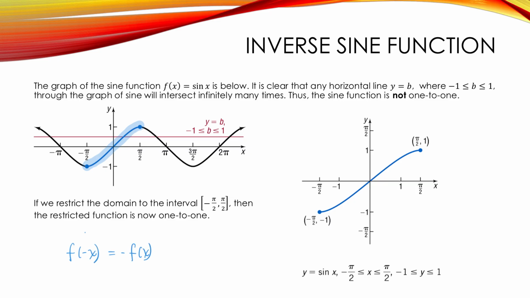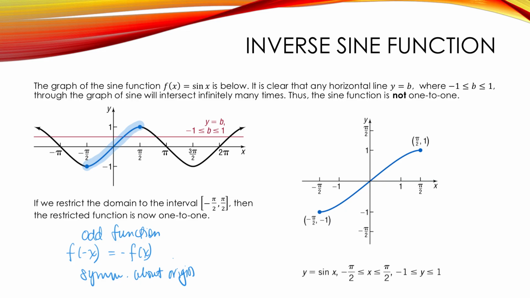It also means our function is symmetric about the origin, which we still have. So we're maintaining some of the properties of sine while still being able to limit its domain in a way that we will be able to find an inverse.